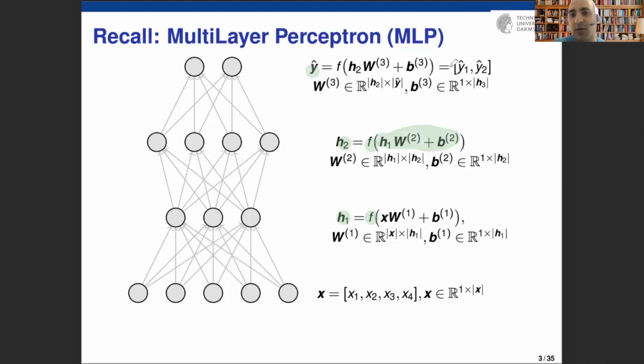And y consists of 2 elements because we have 2 nodes here, right? So this is the usual way that we process an input x: we give it to an MLP, and we process that in several layers with some nonlinearity, and at the end we get the output vectors.